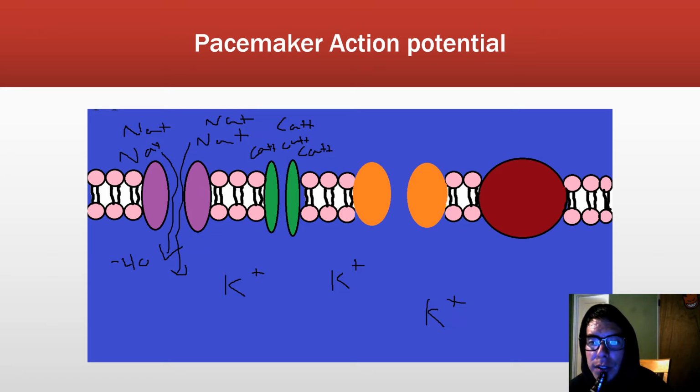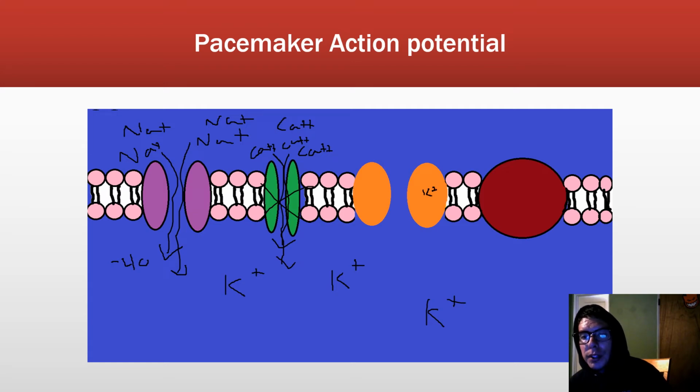So that slow influx brings it up to threshold, triggers the action potential, and when that happens, we have these calcium channels open, and calcium then pours into the cell. So with that influx of calcium, we have an even larger increase in positivity. Then, at a certain point, the calcium channels close, and then we have this, which is a potassium channel.